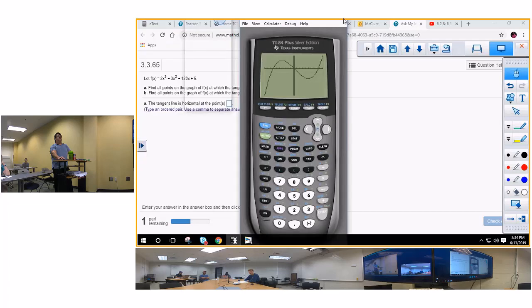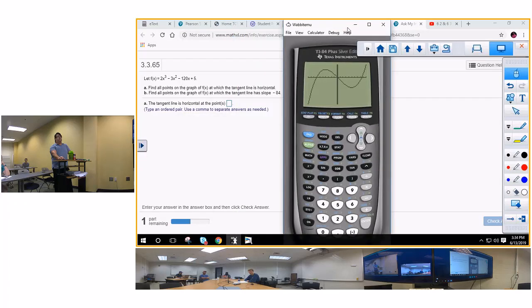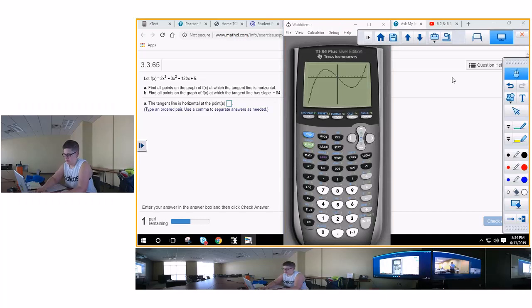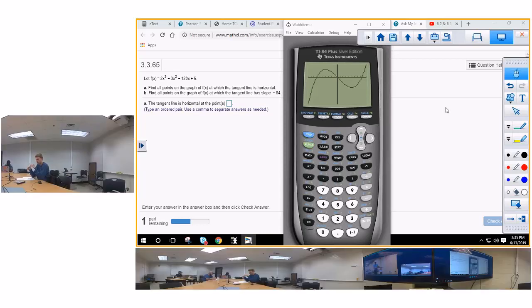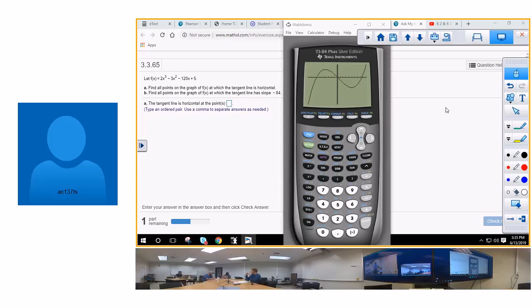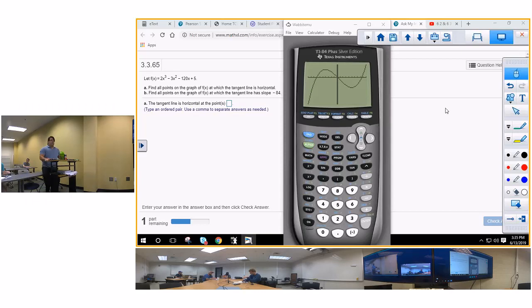I'll move that over so you can still see the question. Now, draw a sketch of that in your notebook, and draw it big enough that you can put pluses and minuses along the line. And then take the first derivative.